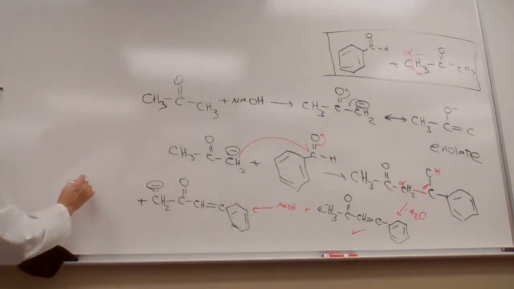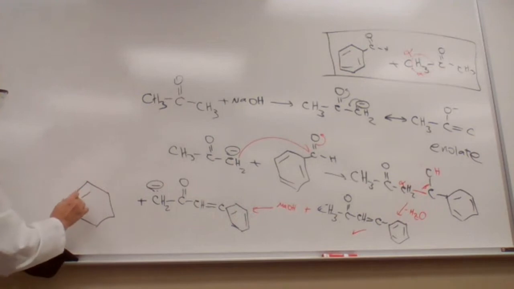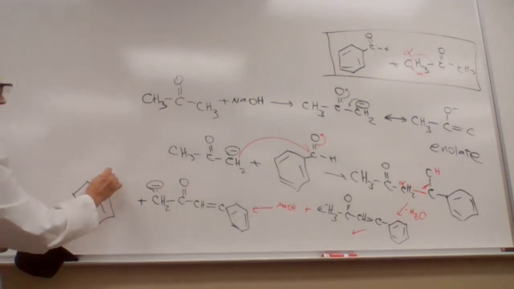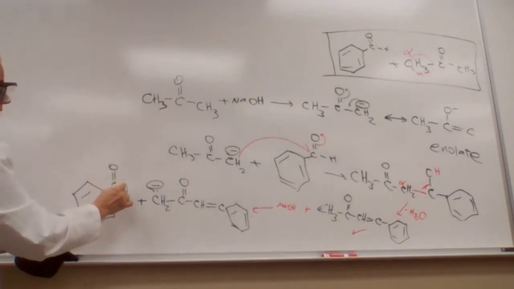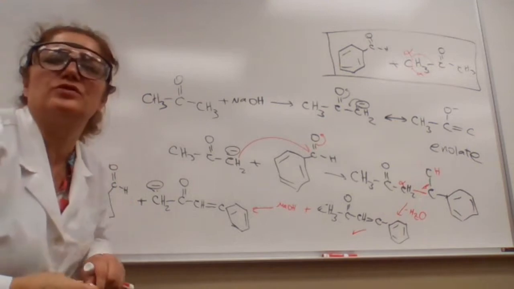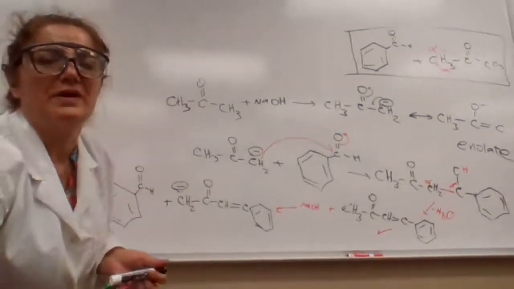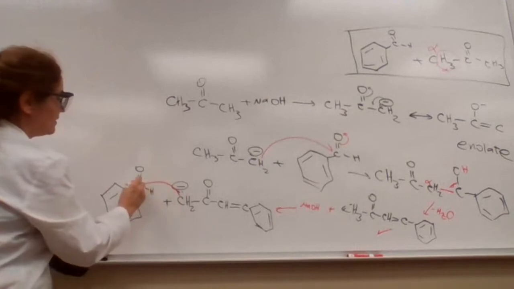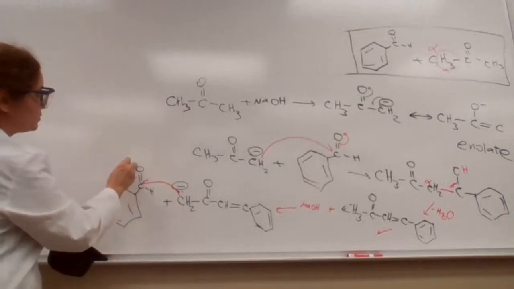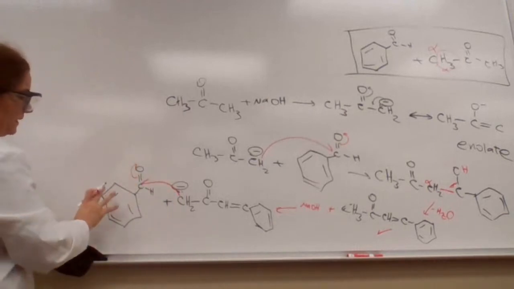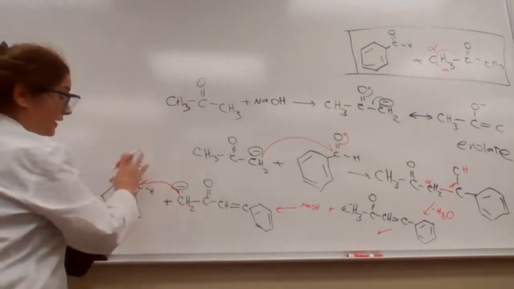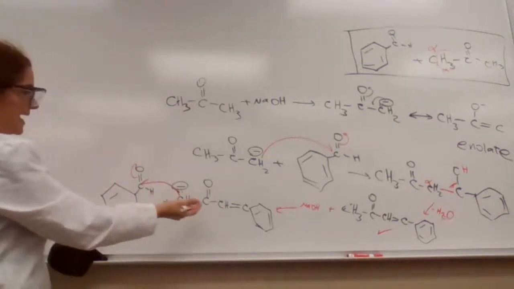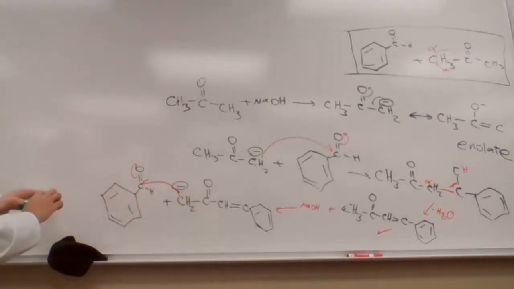Enolate is going to form a bond with another molecule of benzaldehyde. So the pi bond is going to break over the oxygen, and you get, as a final product, dibenzalacetone.